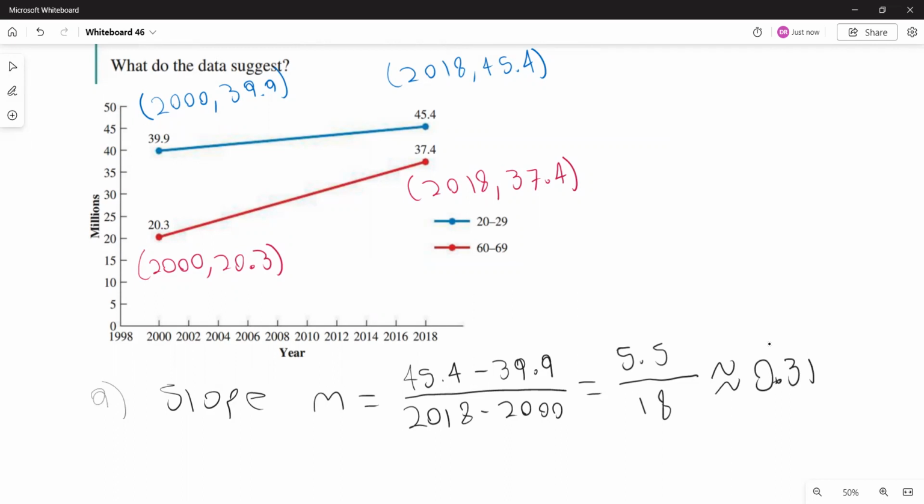So that's 0.31 million per year, the change in population. So between 2000 and 2018, the number of people in their 20s increased by approximately 0.31 million per year.